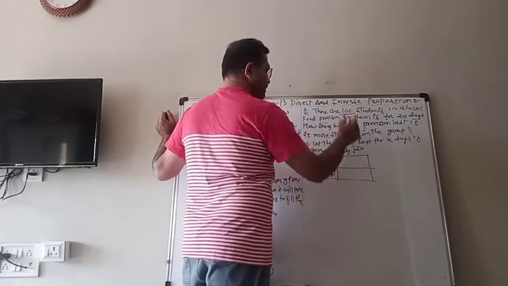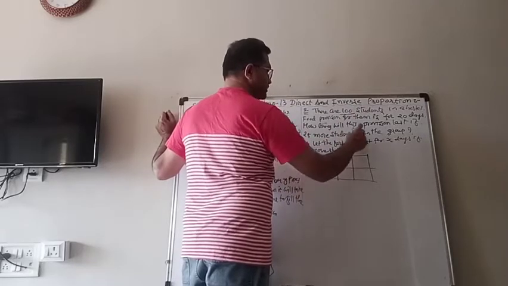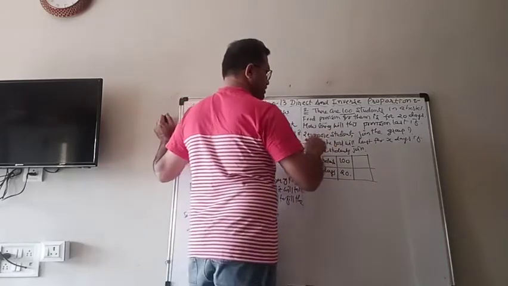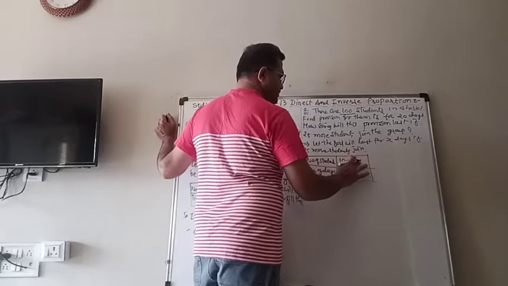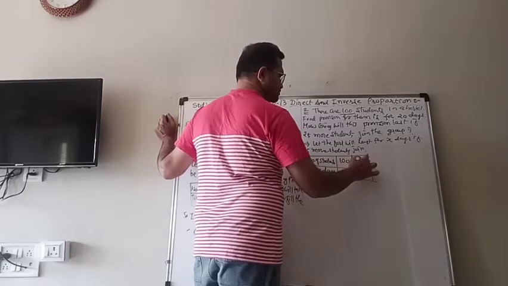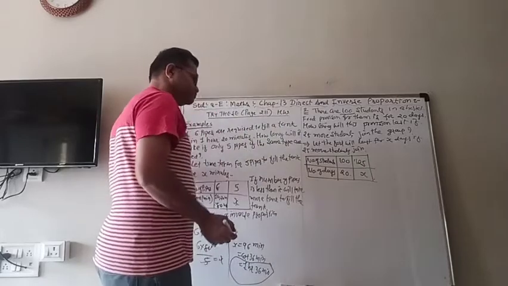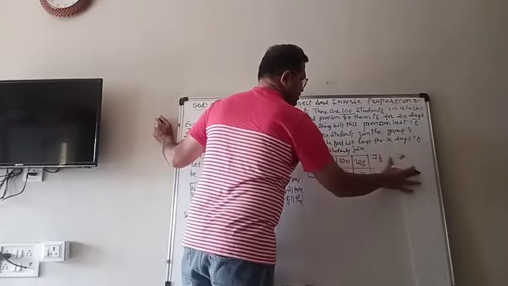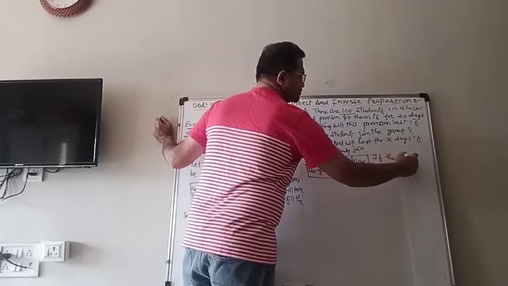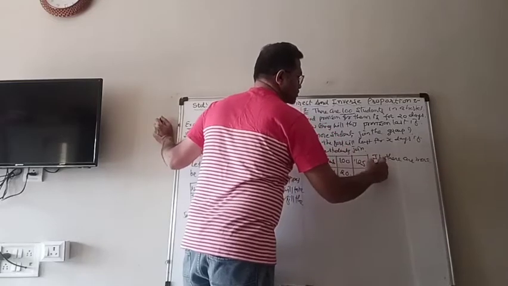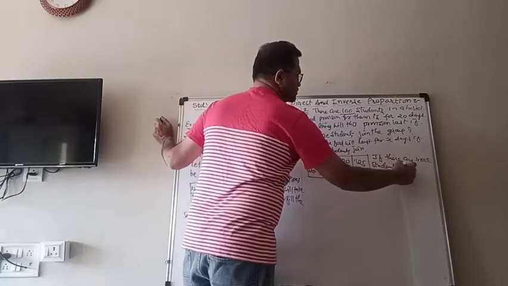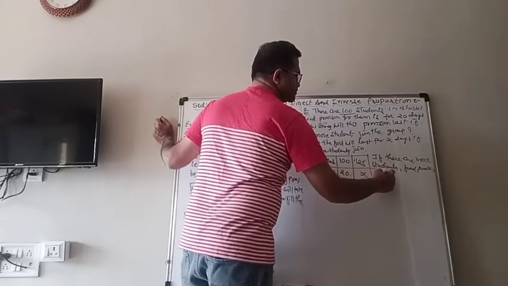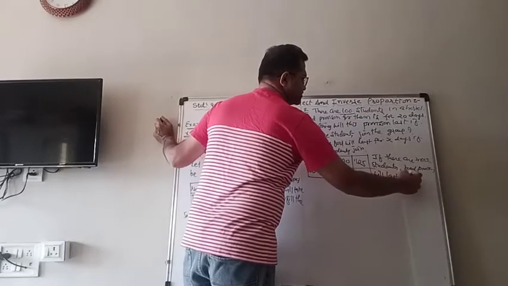If there are 100 students, then how many days? 20 days. And if 25 more, means 125 students, then x. So now if there are more students, the food provision will last for fewer days.